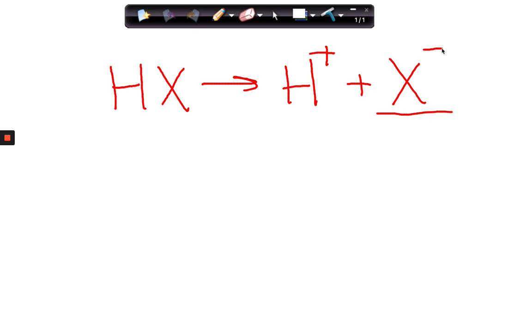The actual term is of negligible strength. We're going to talk more in a couple days. But if this is strong, that has no ability to be a base. Then as this becomes a better and better base, this becomes an equilibrium that lies more and more to the left. So functionally, their strengths are opposite each other. So the stronger the acid, the weaker the conjugate base. Is that okay?